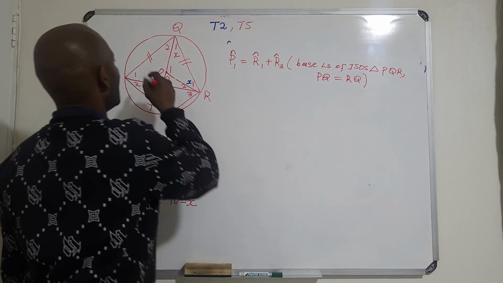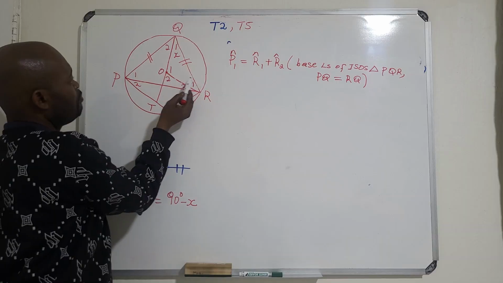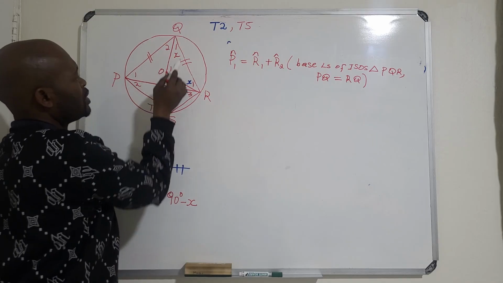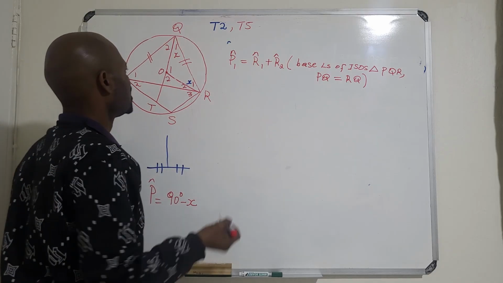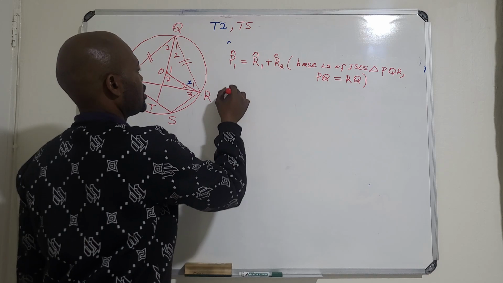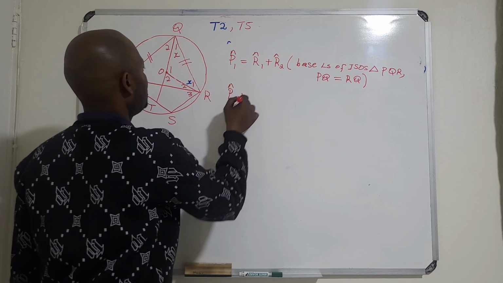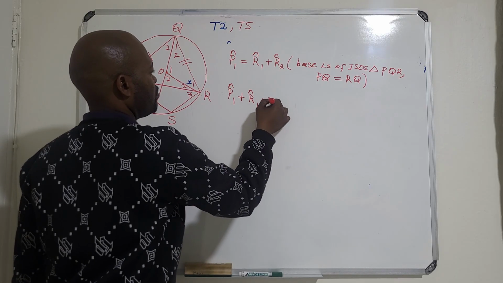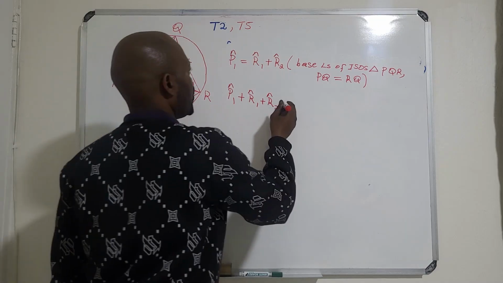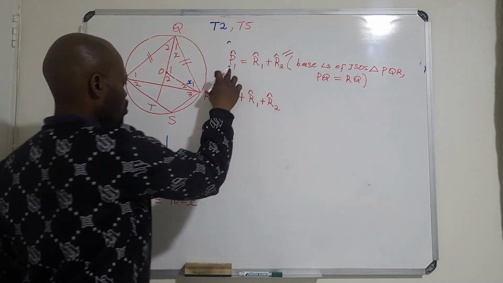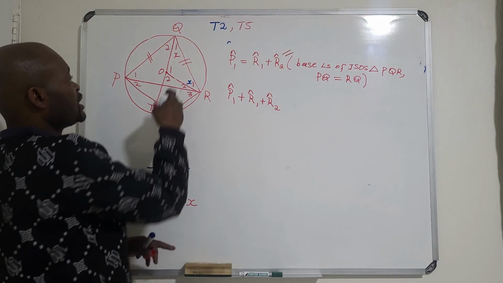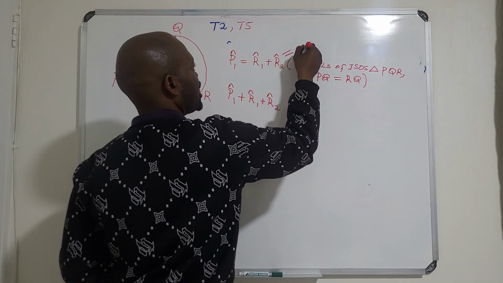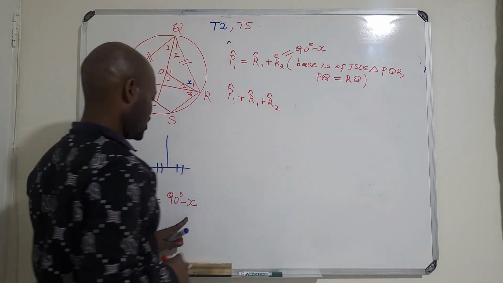Now, this angle plus this angle plus this angle equals 180 degrees. Therefore, angle P1 plus angle R1 plus angle R2, where angle P1 we said is 90 minus x. Since it is equal to R1 plus R2, this is going to be 90 minus x.